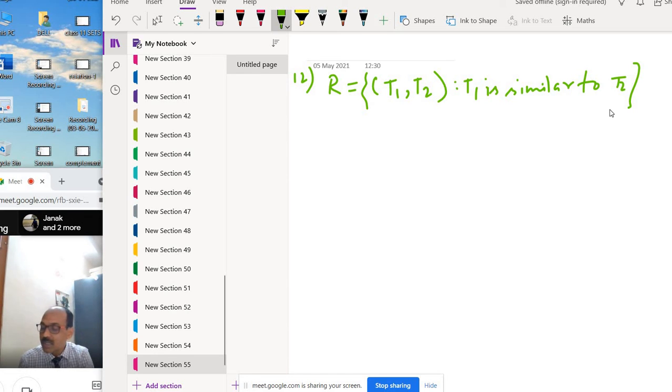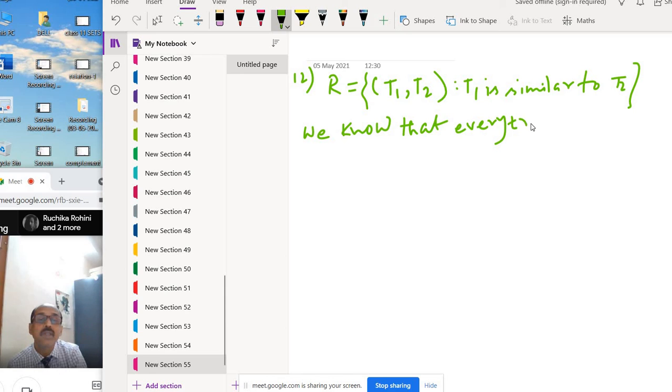Now, we know that every triangle is similar to itself. Any triangle is similar to itself.